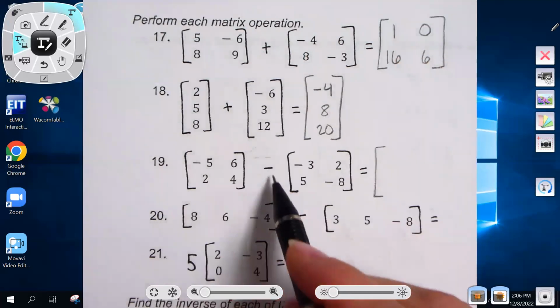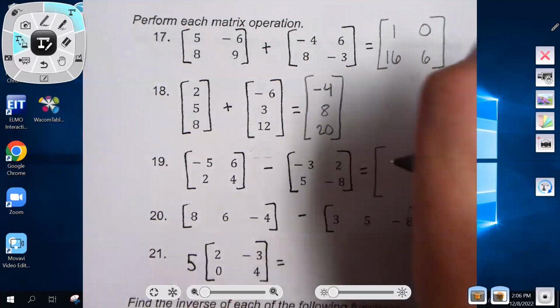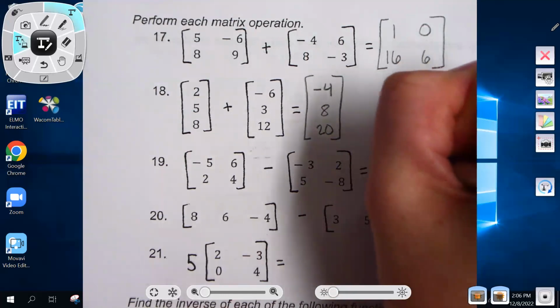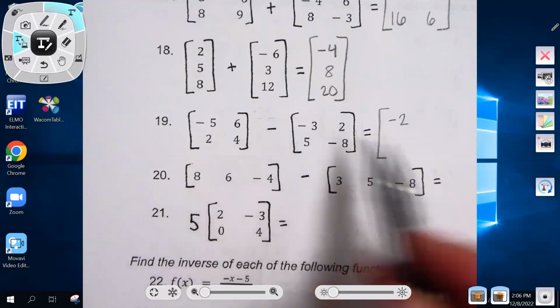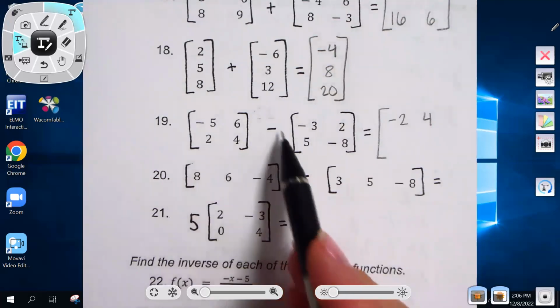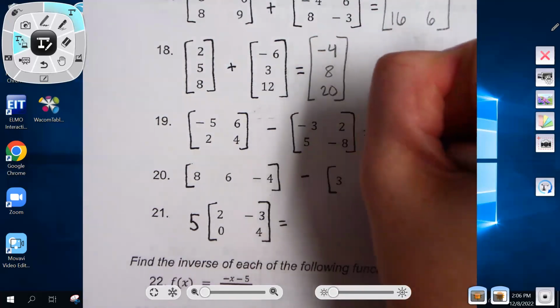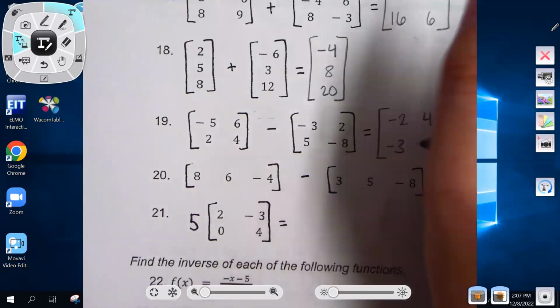So -5 minus -3, that's the same as -5 plus 3, which is -2. 6 minus 2 is 4. 2 minus 5 is -3. 4 minus -8 is the same as 4 plus 8, which is 12.